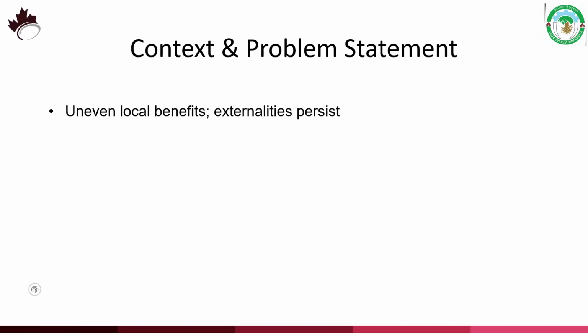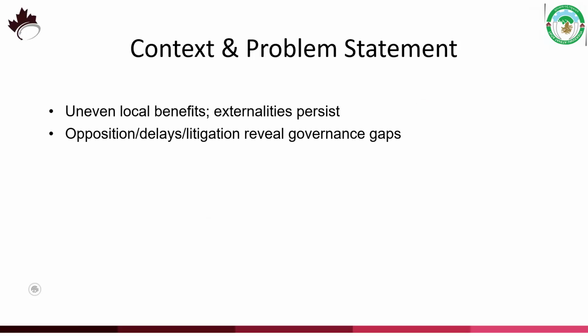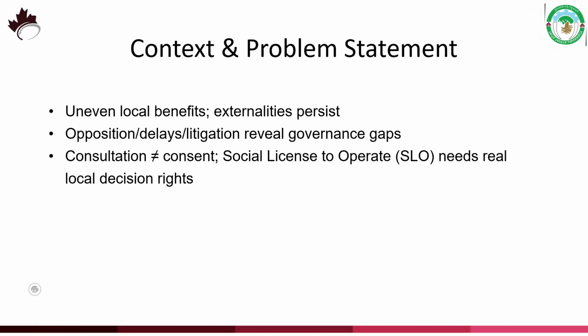So then these externalities can lead to opposition, delays, and litigation by the communities that can cause problems for the mining companies. So the idea is that we're trying to get the mining companies a social license to operate, which we feel needs real local decision rights.